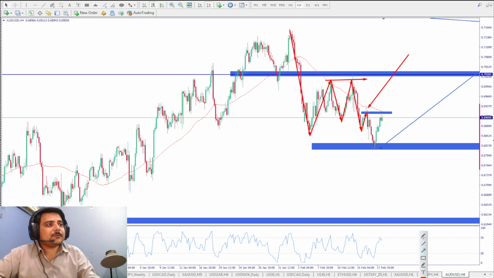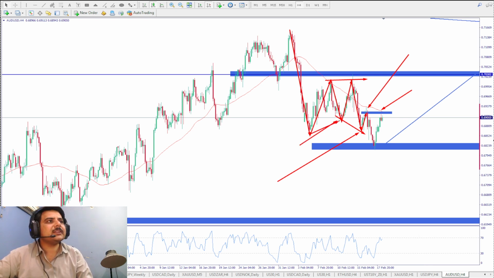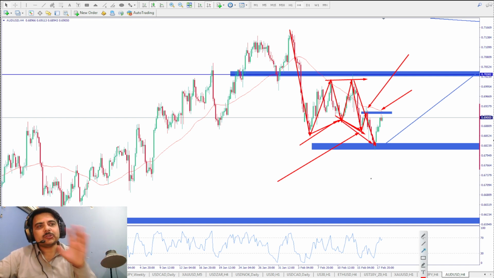This is now for sure why this happened: the market created a lower low. See, the previous Fibonacci is broken here. Market was clearly on this setup and it completed it. It even completed this pattern as well. If you see this one, it has completed both of the patterns.